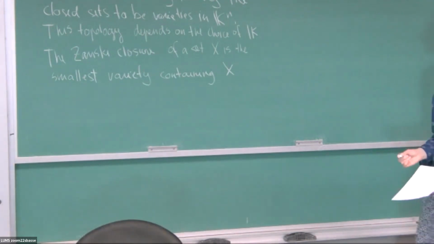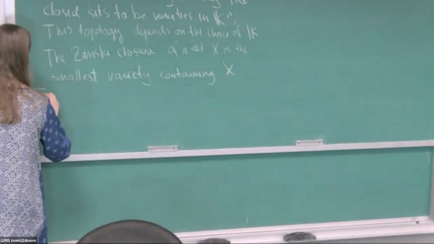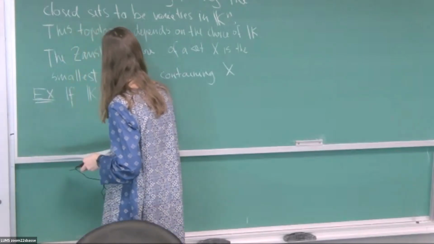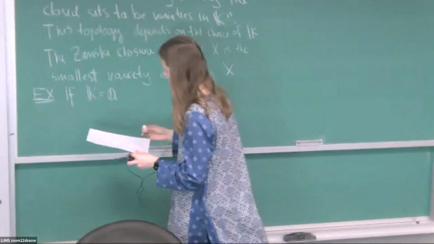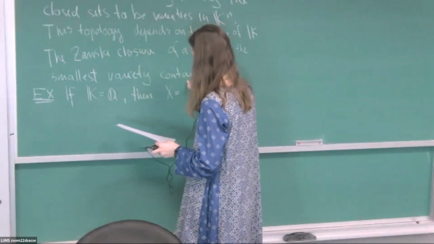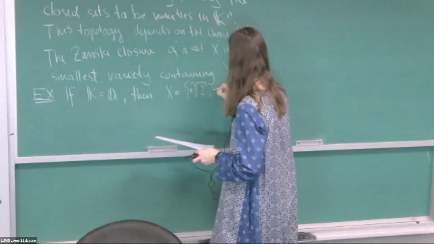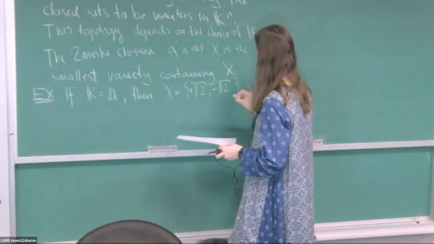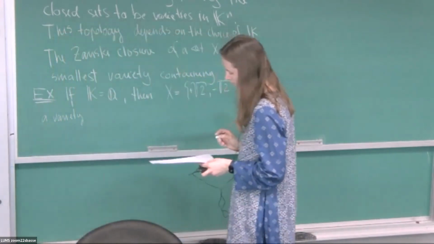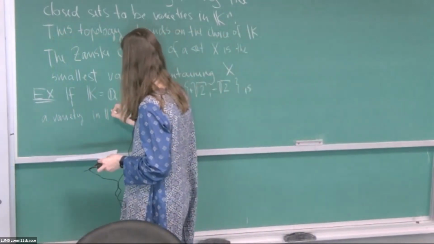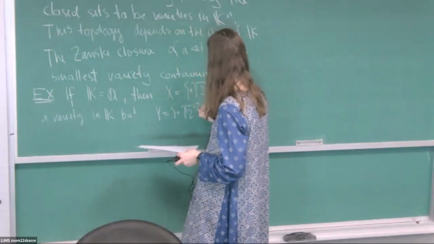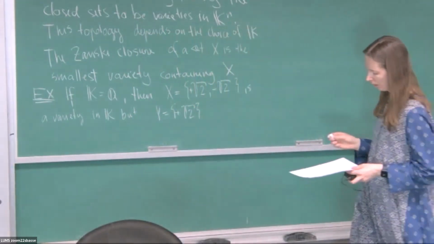Let's do an example. So let's take our field to be the field of rational numbers. Then this set, plus square root 2 and minus square root 2, is a variety in K. But if we just take the set consisting of plus square root 2, this is not a variety.